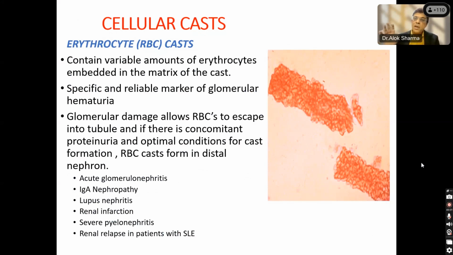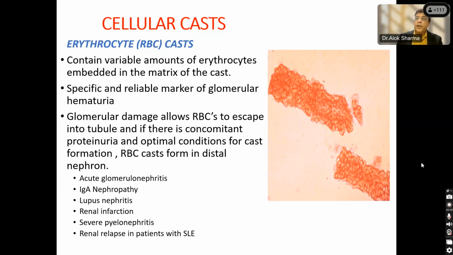It is a very, very useful exercise to actively look for RBC casts in urine. They're a very specific and reliable marker of glomerular hematuria. Numerous conditions, if you want to just name a few: IgA nephropathy, any kind of acute glomerulonephritis, lupus nephritis, renal infarctions, and even in severe pyelonephritis, sometimes you can get these casts.